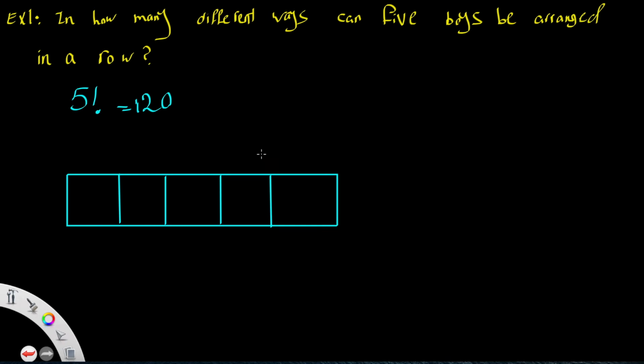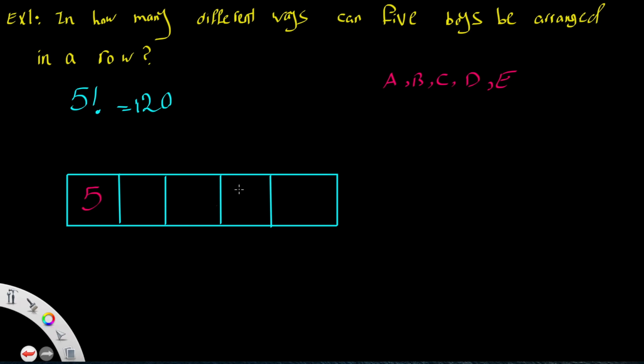Now imagine we have 5 boys here, for example boys A, B, C, D, and E. For the first position, I'm going to choose one of these 5 boys.